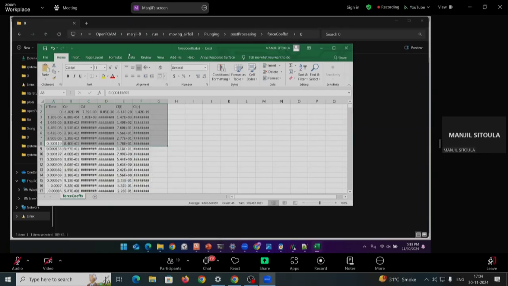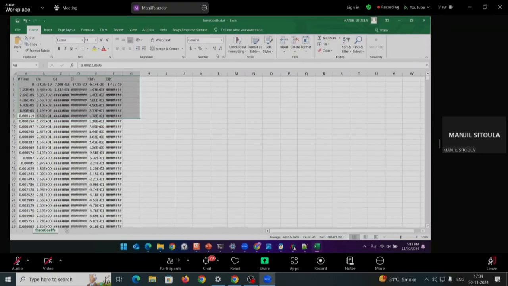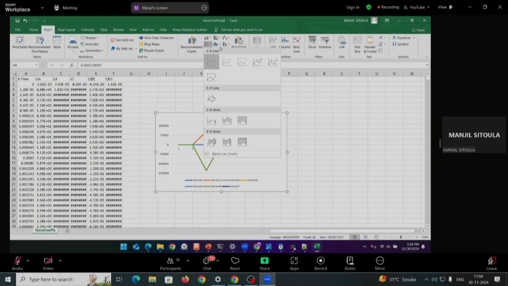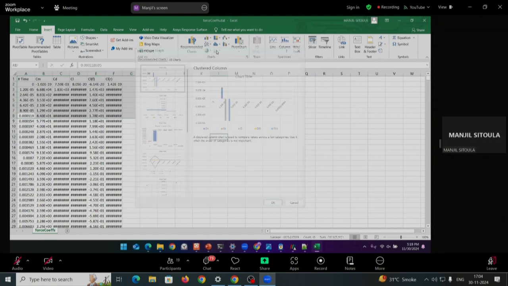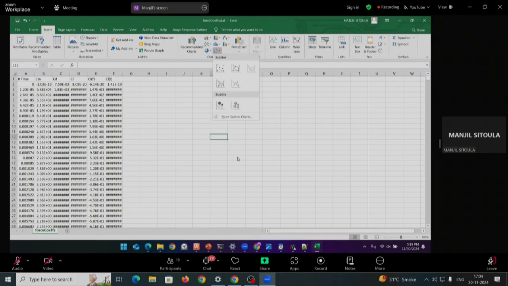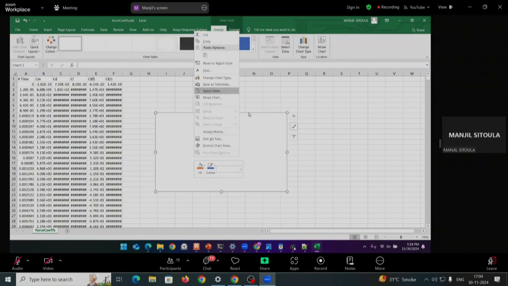Now let me insert a chart and select data.